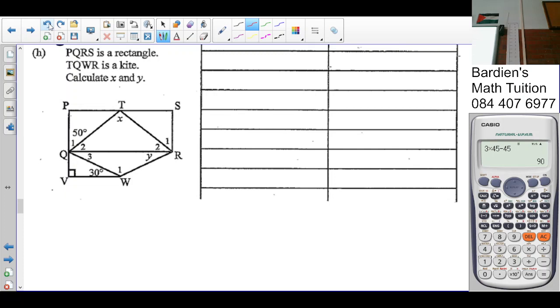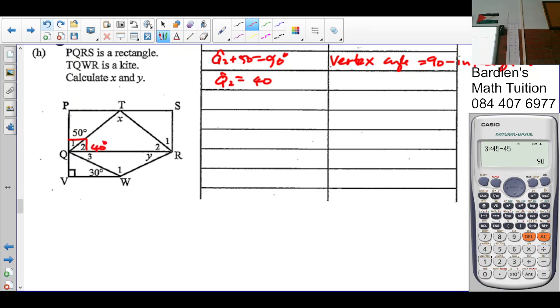Q2 plus 50 equals 90 degrees. Why? Vertex angle equals 90 in rectangle. So Q2 is 90 minus 50, which is 40 degrees.